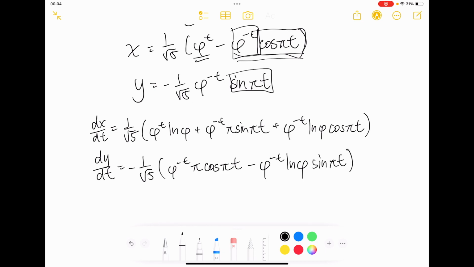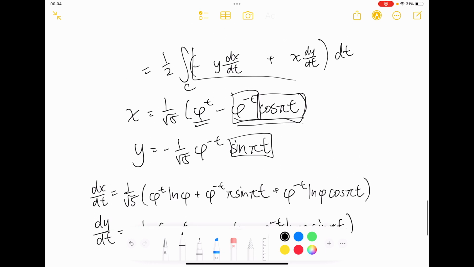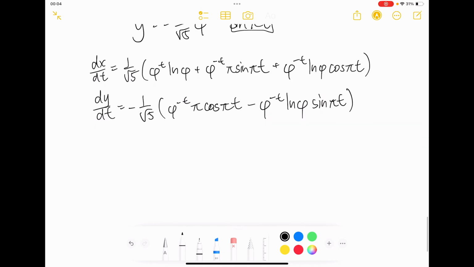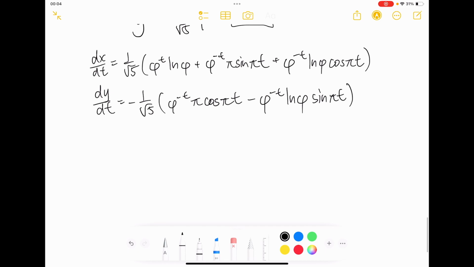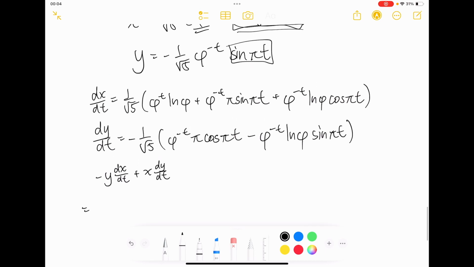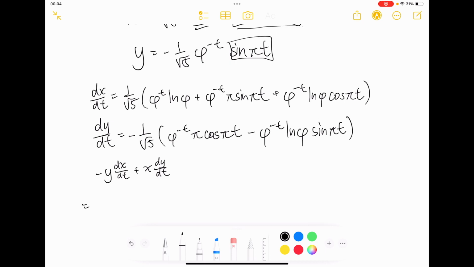And why not just find this as well, right? So minus y dx/dt plus x dy/dt is going to be equal. Let's just write this out. So minus y is this, but negative, so we're not going to have a negative sign.